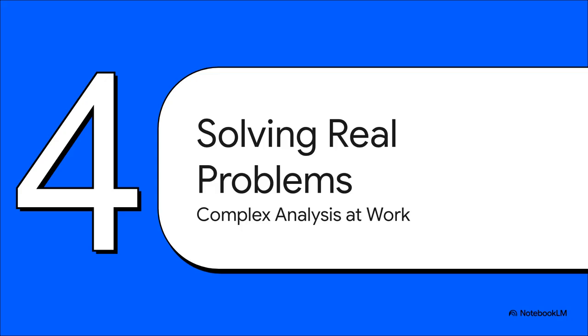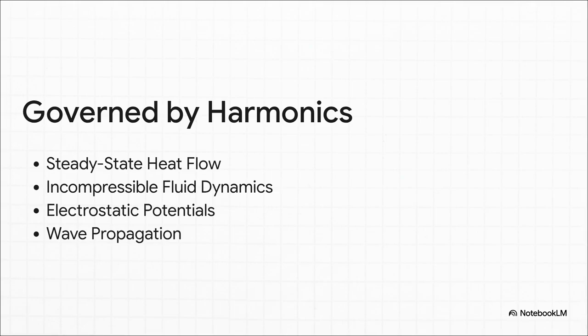It lets scientists take a really messy, real-world problem, walk it across this bridge into the elegant world of complex math, find a clean, simple solution, and then bring it right back. And the list of physical systems described by these harmonic functions? It's huge. We're talking about how heat gets distributed, how liquids flow, the behavior of electric fields, even certain kinds of waves. All of them obey this same math of steady states.